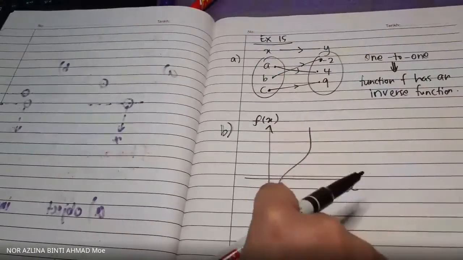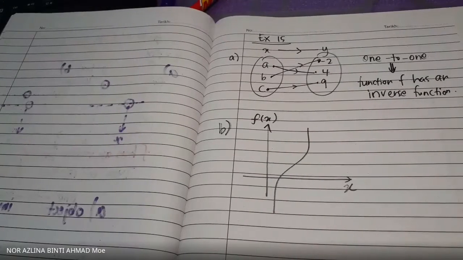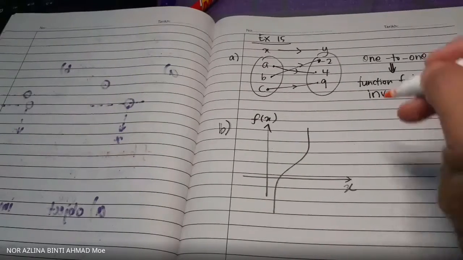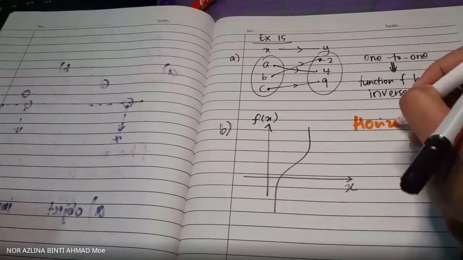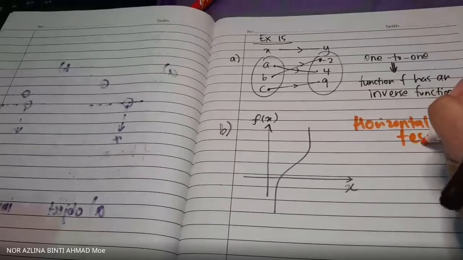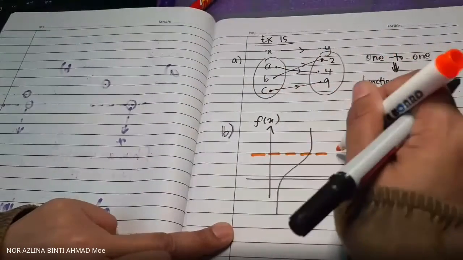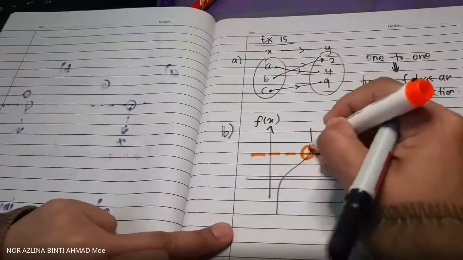Okay, kalau dia beri graph, kita akan guna horizontal line test. Horizontal line test. Saya gariskan. Buat satu garisan mana-mana pun tak apa. So find the intersection point.